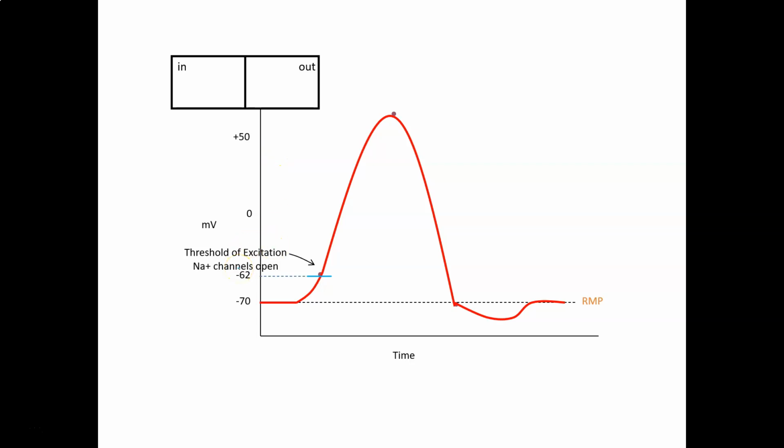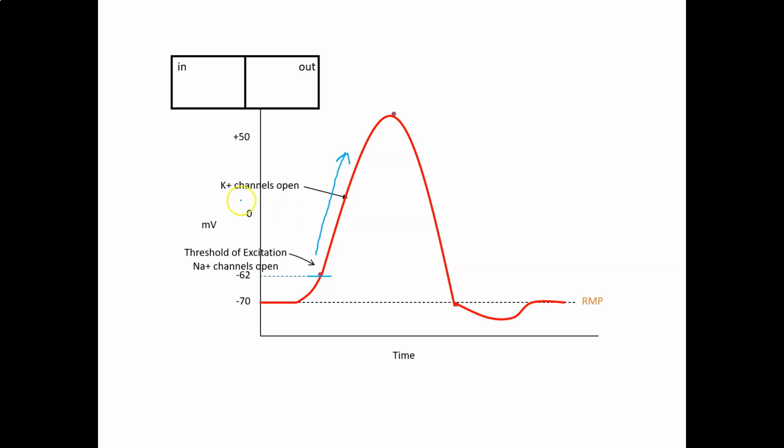Sodium, because it is moving down its electrical and concentration gradient, both diffusion and electrostatic pressure are driving sodium into the cell. Sodium is rushing into the cell and it's a positive ion. So it makes the membrane potential positive. Okay? So the membrane potential as sodium enters becomes more positive on the inside relative to the outside.